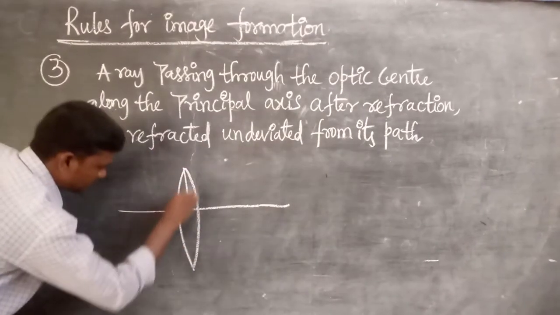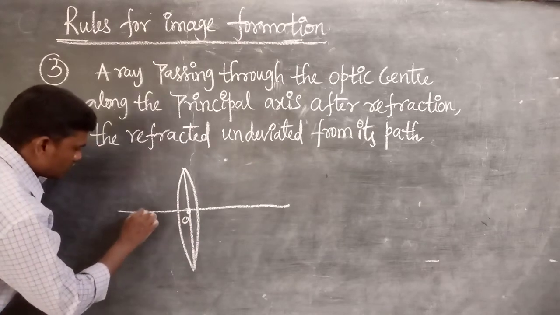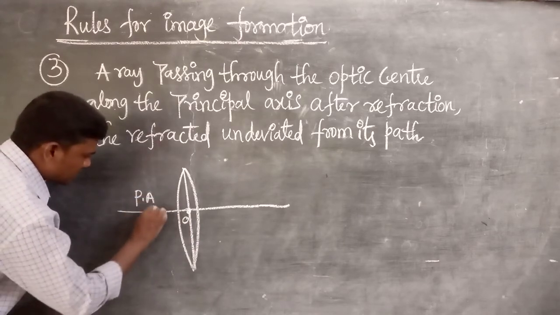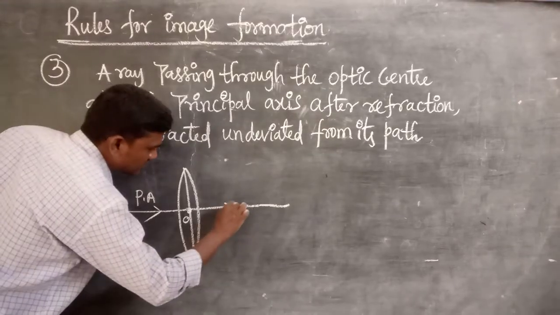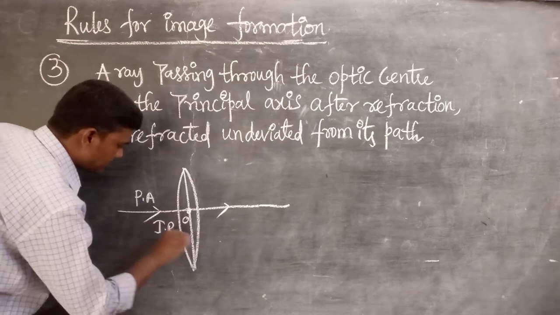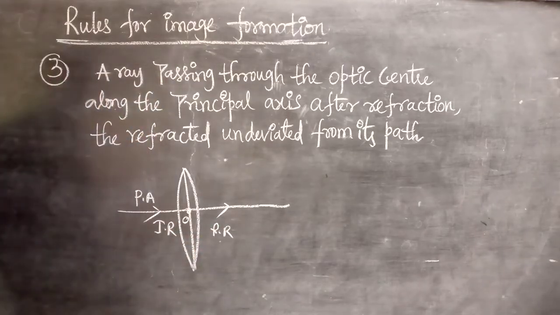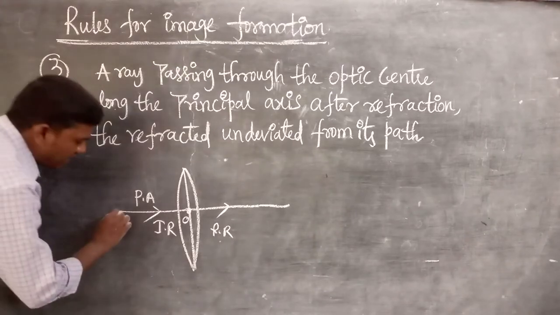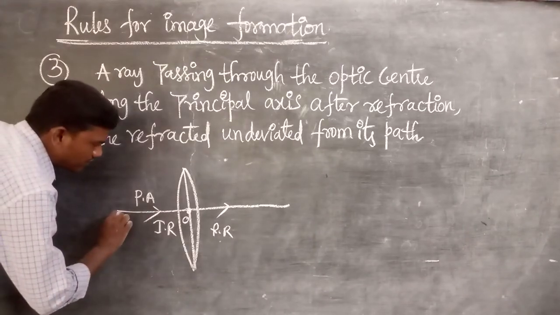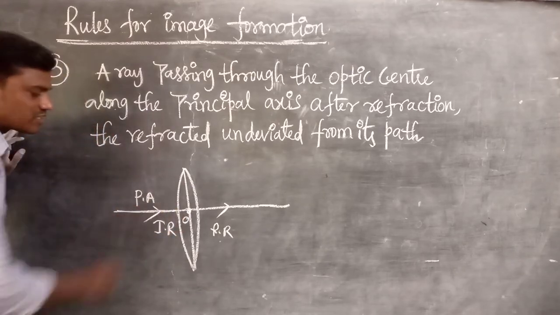Like this. It is the optic center. So we know that it is the principal axis. The ray will be like this. So it is the incident ray, and it is the refracted ray. Here we are observing that the light falls onto the refracting surface by passing along the principal axis.